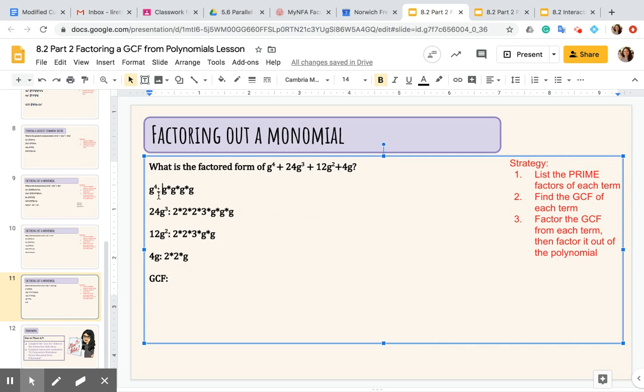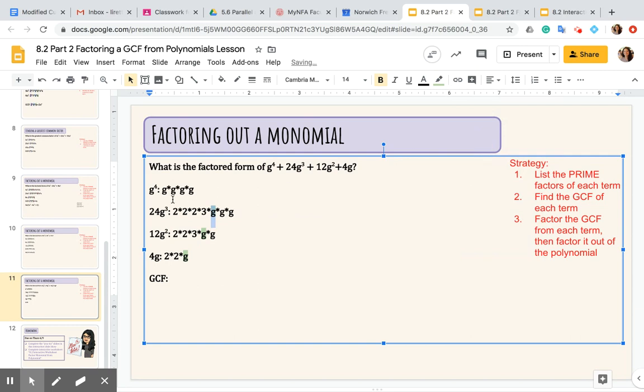Look at this top term. I don't have any coefficients, so I actually can't pull out a 2. These all have 2's in common, but this doesn't. So my GCF actually isn't going to have a coefficient at all. It's only going to be this term. Let me highlight that. That's the only thing it has in common.